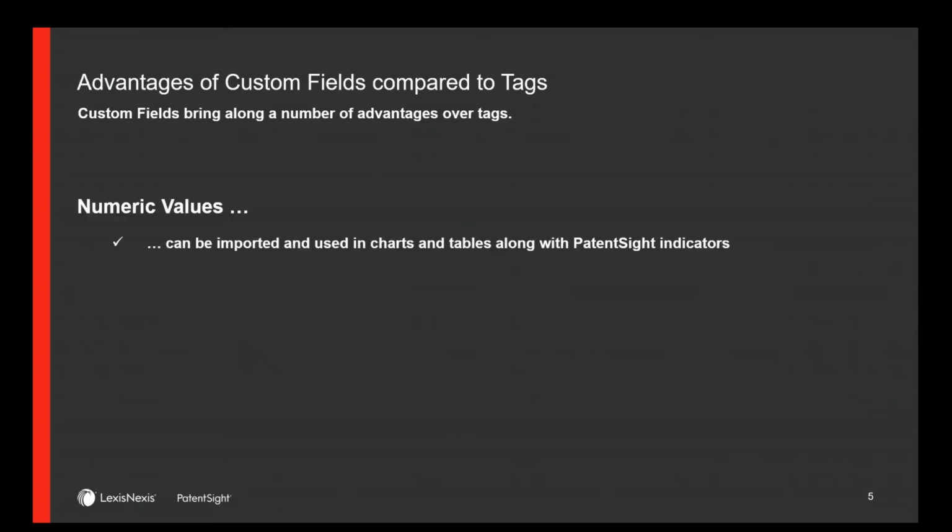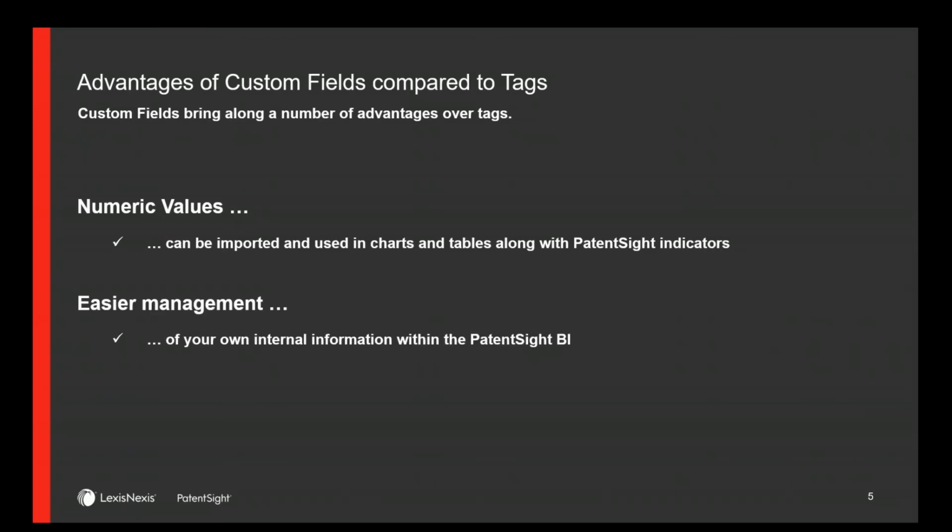The first is that you can import numeric values. And by numeric values, I do not mean simply a number that will be used like the name of a tag. No, you can import numbers and actually use them in charts and in tables along with PatentSight indicators or without PatentSight indicators. So you can really draw your charts using your own numeric values thanks to custom fields.